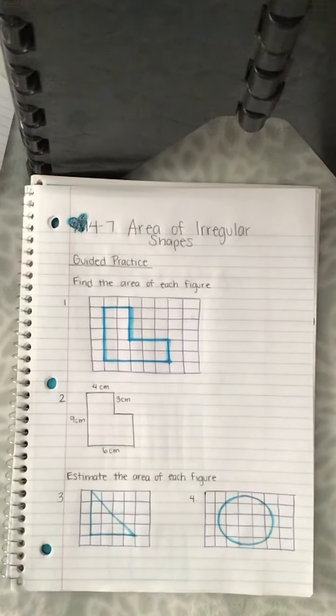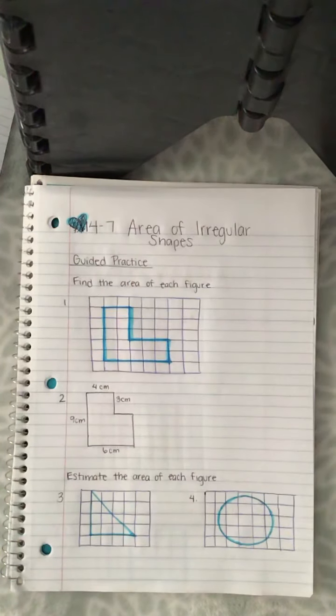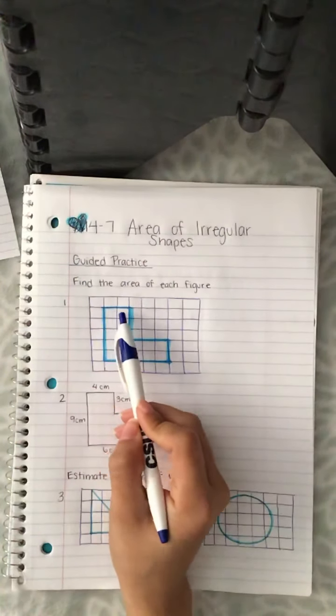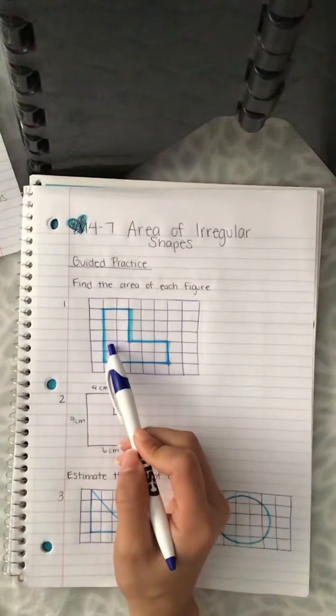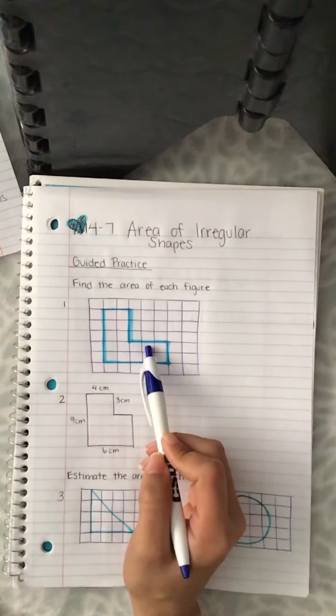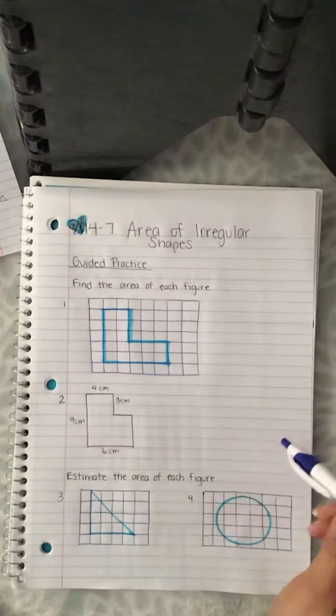So, for number 1 and 2, we want to find the area of each figure. For number 1, remember, to find the area, we count the square units inside the shape. So let's count. 1, 2, 3, 4, 5, 6, 7, 8, 9, 10, 11, 12, 13, 14, 15, 16.